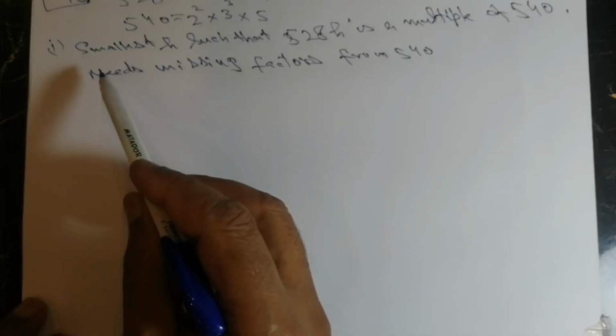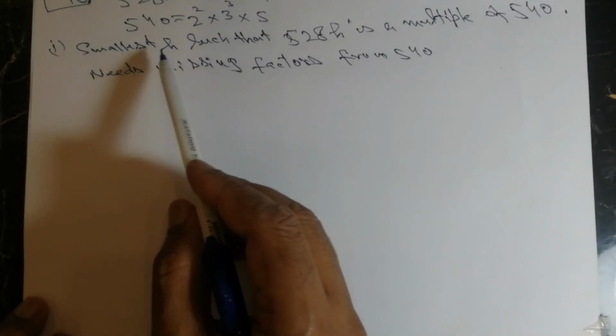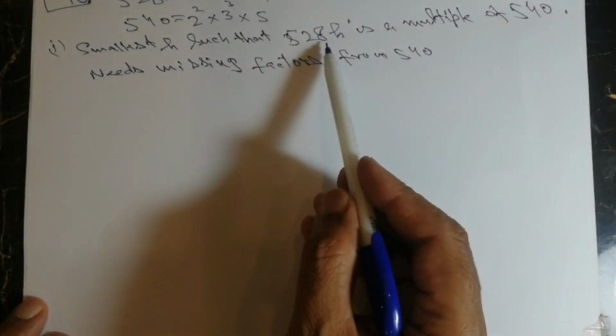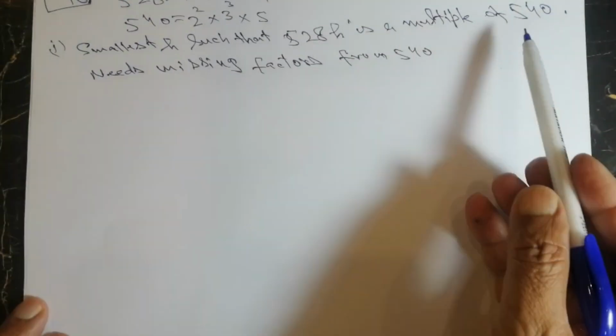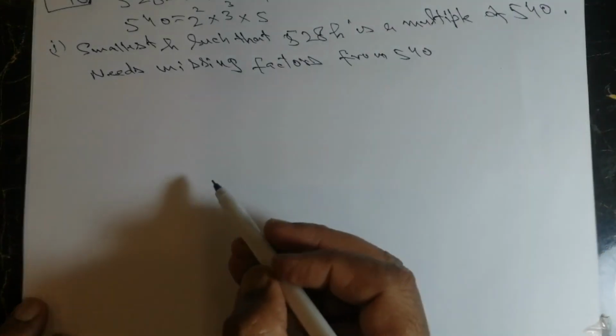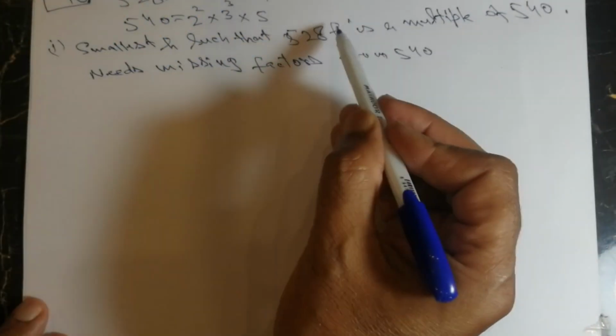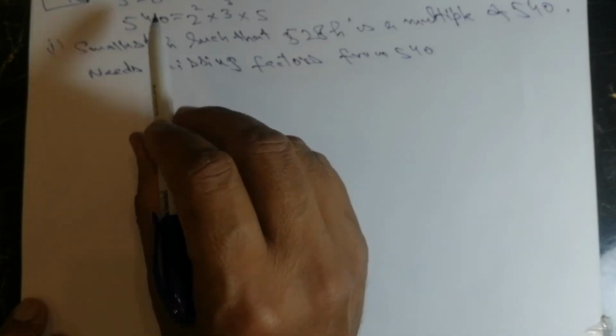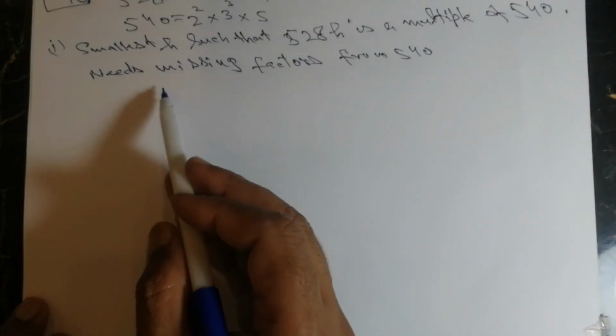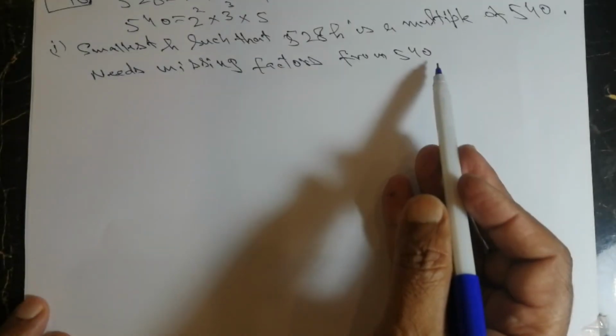So what is required is the smallest h such that 528 h is a multiple of 540. For this number to be a multiple of 540, we need the missing factors from 540.